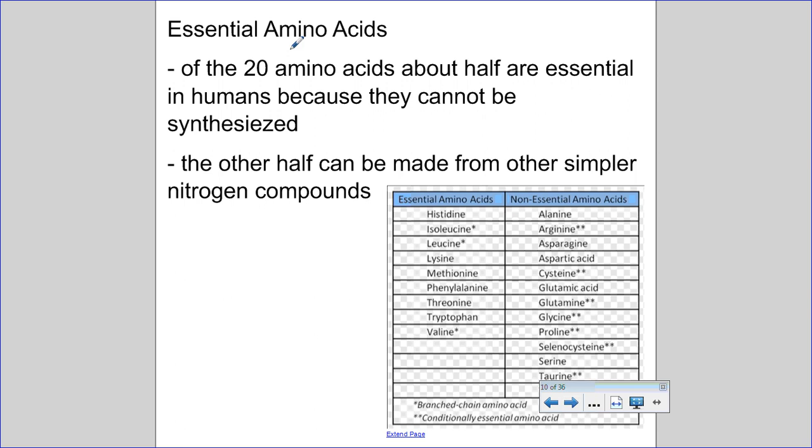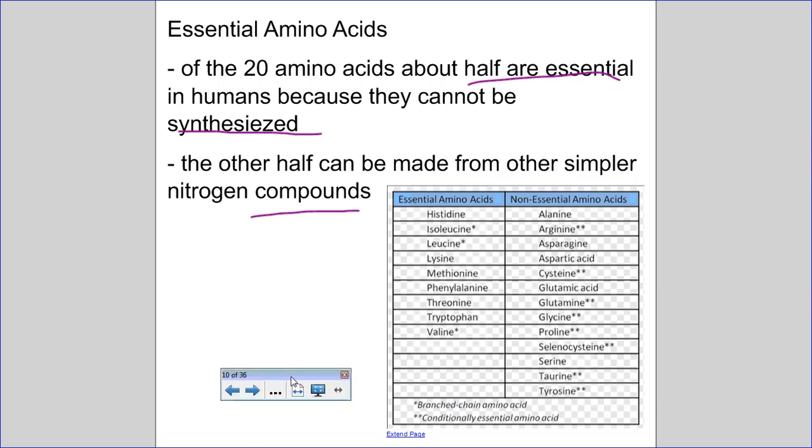So for the amino acids, and for those essential amino acids, of those 20 amino acids, about half are going to be essential in the human diet because they cannot be synthesized. The other half can be made from other simpler nitrogen compounds or other amino acids themselves.